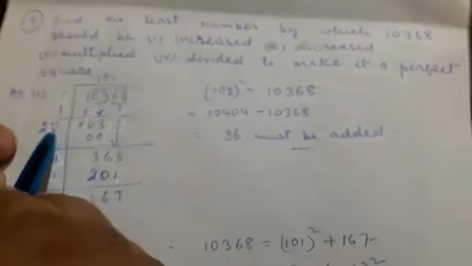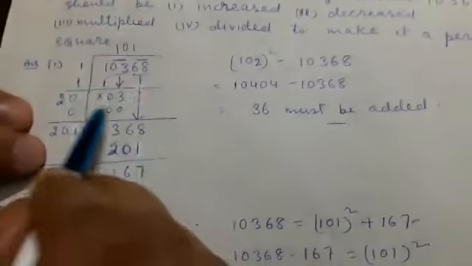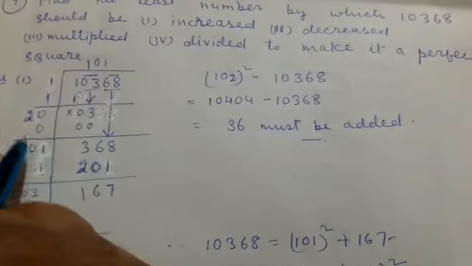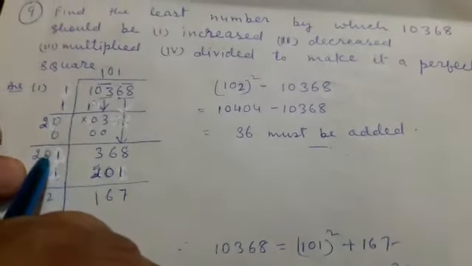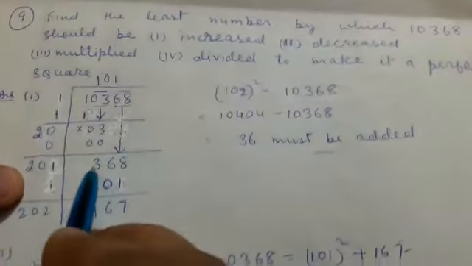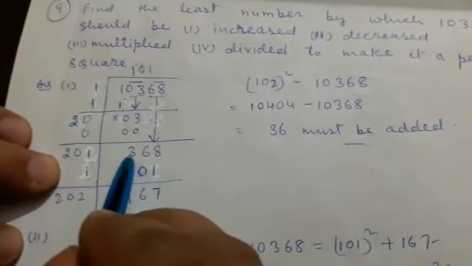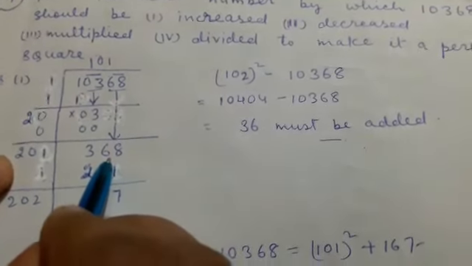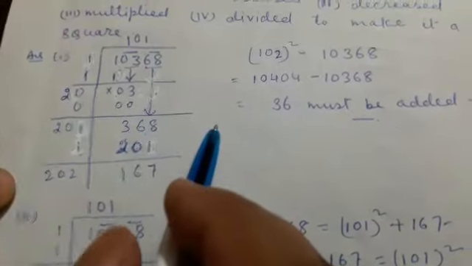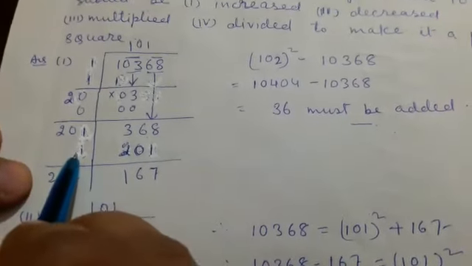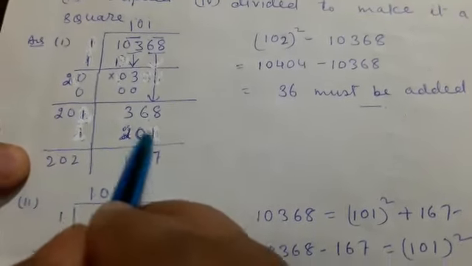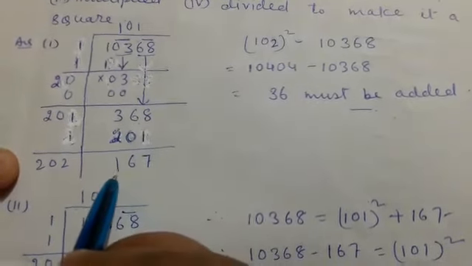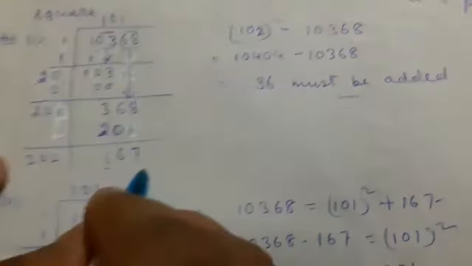There is no such number, so we write 0. 0 times 0 is 0, so by adding it will be 20. Now subtracting 3, we get 3, and the 68 will come down. By which number do we divide it? 1 time it will go, so it becomes 201. By subtracting we get 167.